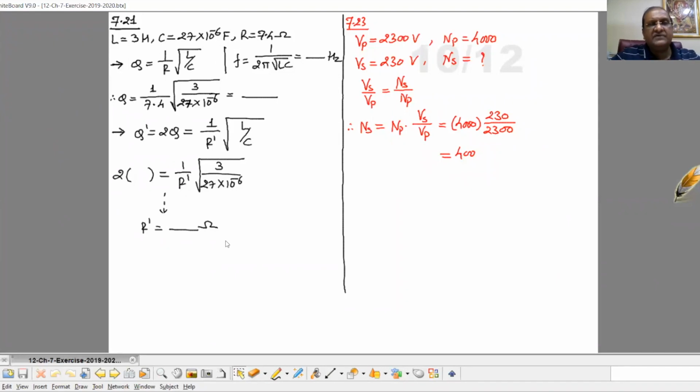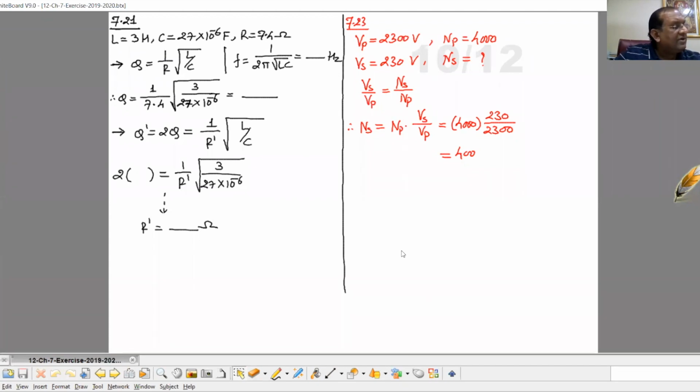Then after, example 7.23. A power transmission line feeds input power at 230 volt to a step down transformer with its primary windings having 4000 turns.